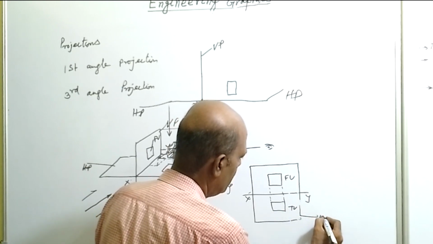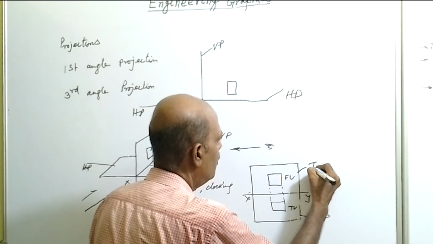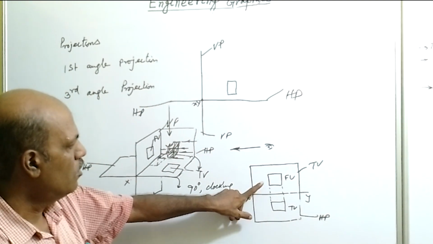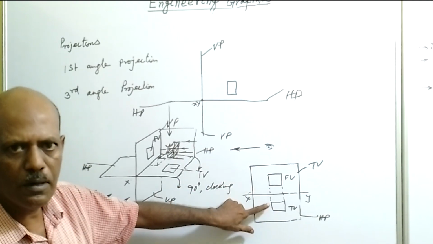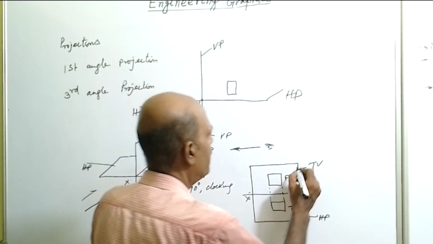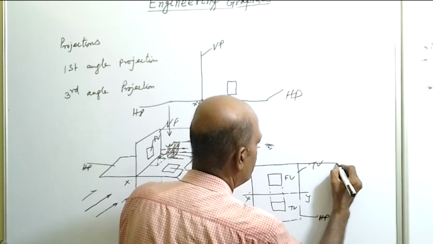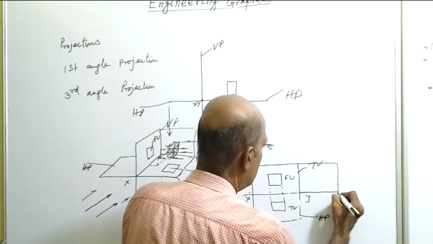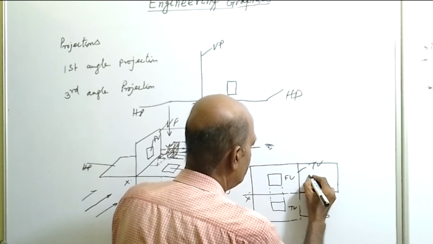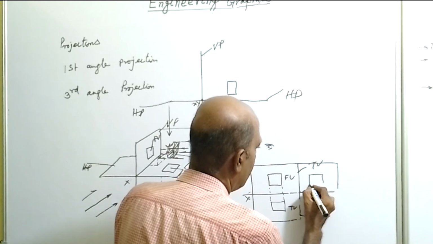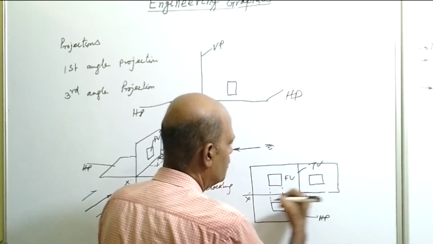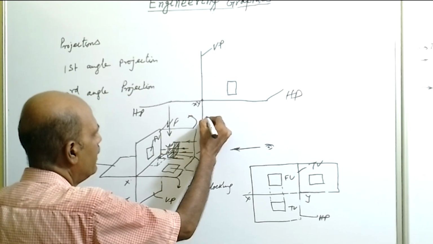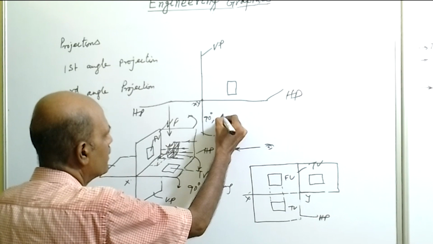So this is your HP, and this one is your top view. So in first angle projection, the top view will be at the bottom of the front view, and the left hand side view will be formed on PP, which will be at the right of the front view, because this PP is rotated by 90 degrees in anti-clockwise sense.